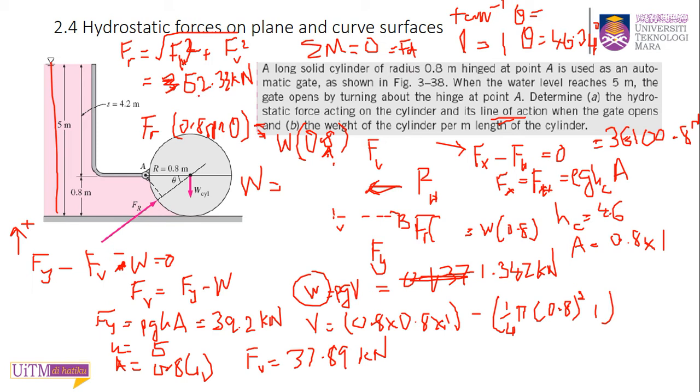The formula is M equals F times D. M is W times 0.8. W is a force, right? W is mg, and F is ma, same thing. So you got that value in Newton.